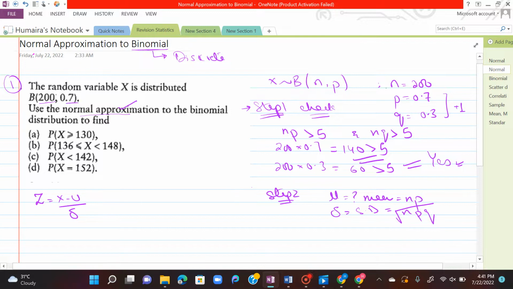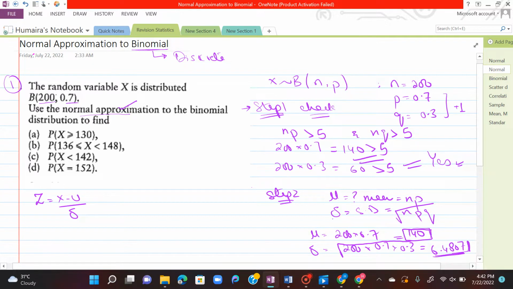Yes, I do. The mu value is 200 multiplied by 0.7, so this answer is 140. And for the sigma we will do 200 into 0.7 into 0.3, which is equal to 42. When I take the under root of this value, because sigma means standard deviation, that is 6.4807.